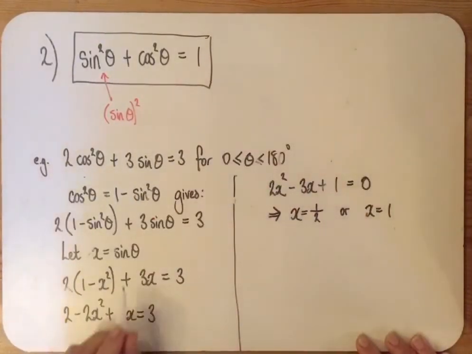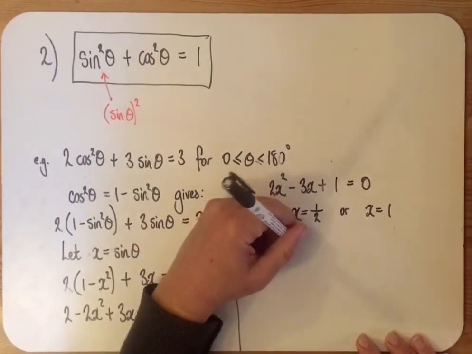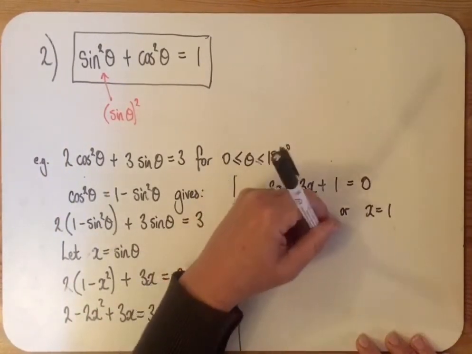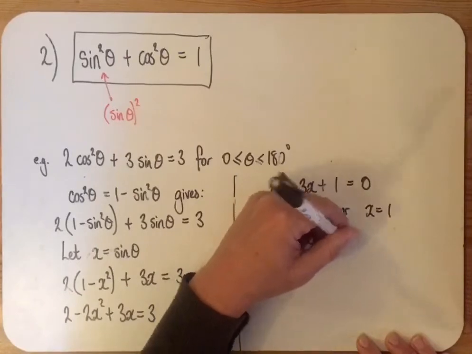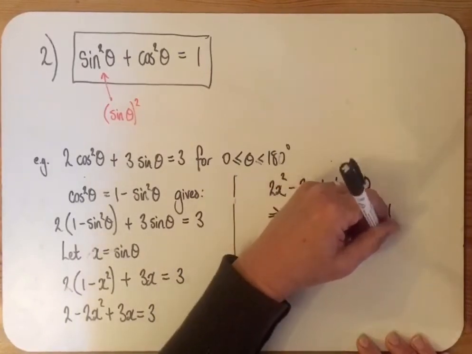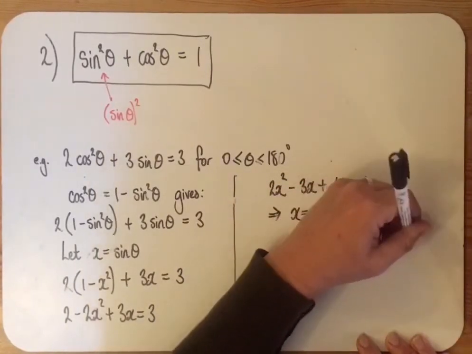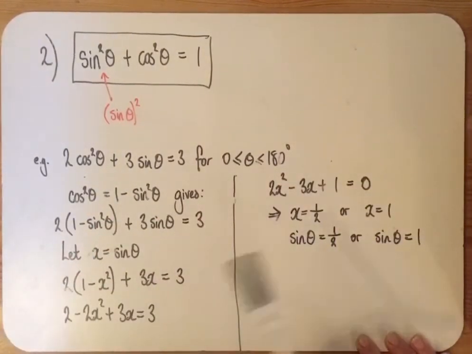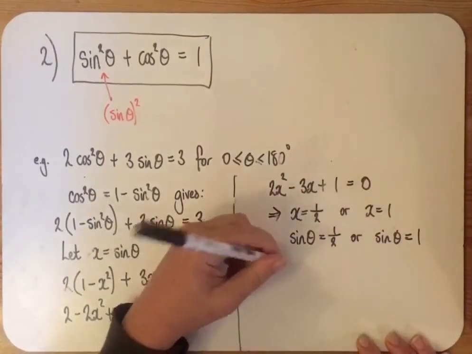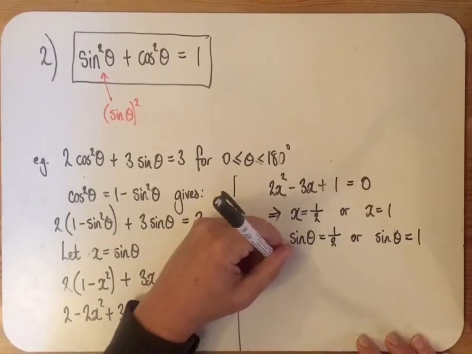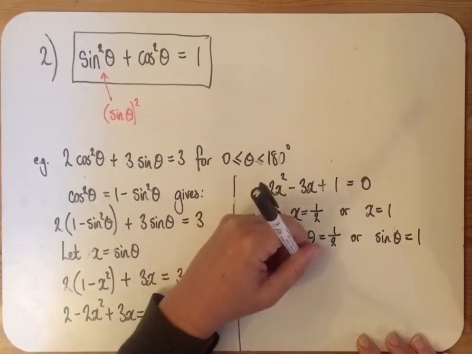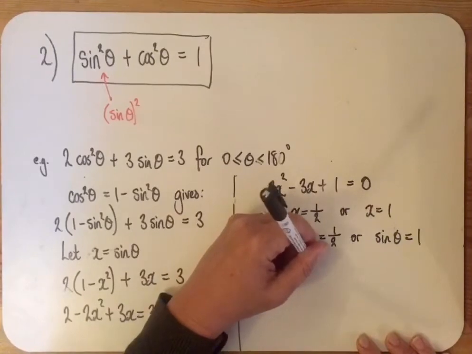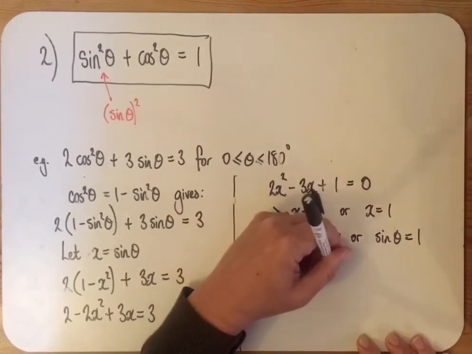But we let x equal sine theta. So sine theta equals a half or sine theta equals 1. And then we can solve these. So we do shift sine of a half. That gives you that theta is equal to 30 degrees.